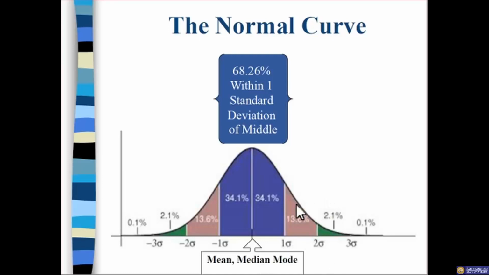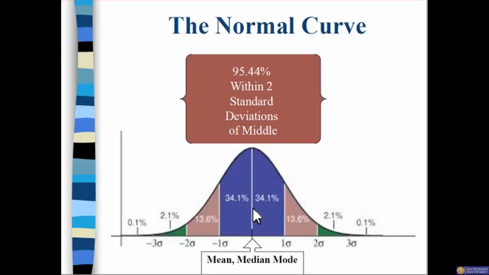In a normal curve, what's great about this and why we're able to make inferences and use hypothesis testing is that for one standard deviation right here, we're consistently able to estimate that that should be 68%, or 68.26 precisely, of our sample. So 68% of our sample will be within one standard deviation in either direction of the mean.